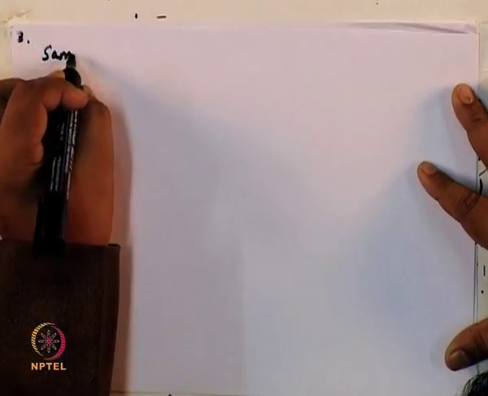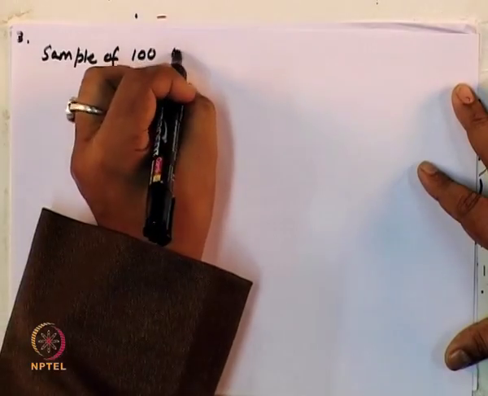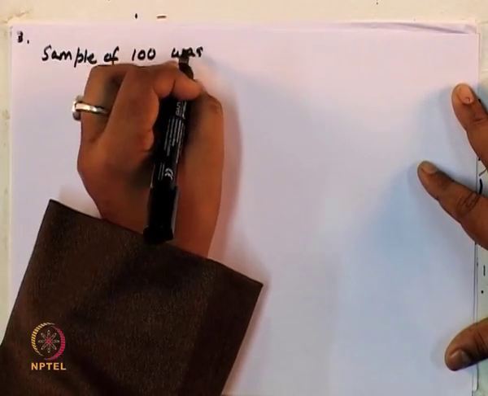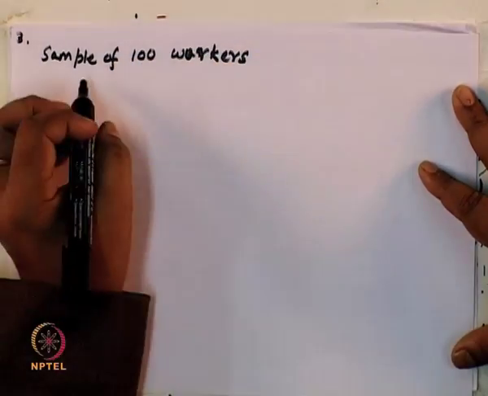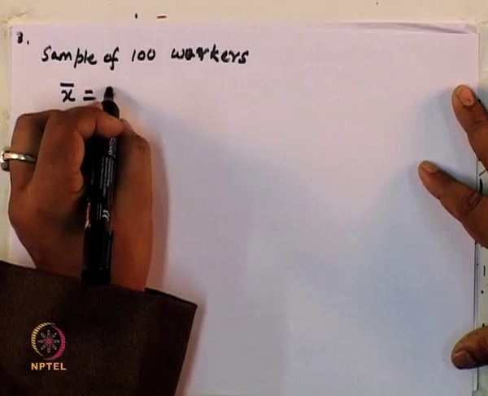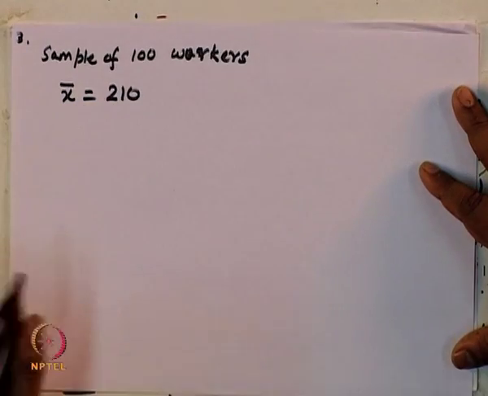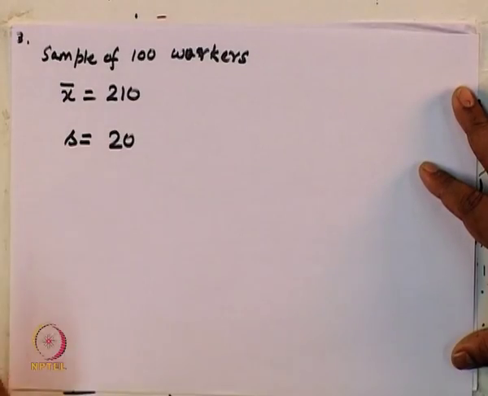Let us get back to the earlier example of national average versus local average. Now, let us say a sample of 100 workers provided x bar equal to 210 and s equal to 20.